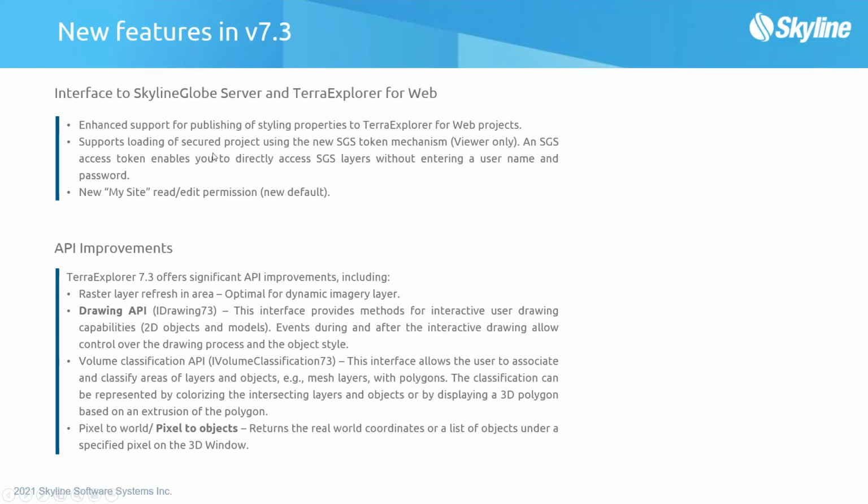So it lends itself well to more secure projects. And API improvements, so a lot of the new things that you saw, such as the drawing API, includes some of the new capabilities, as well as the volume classification. So the way that we're colorizing the 3D mesh, also available in the API.